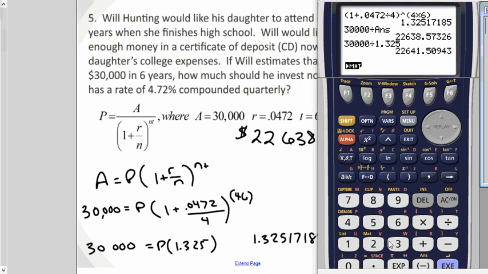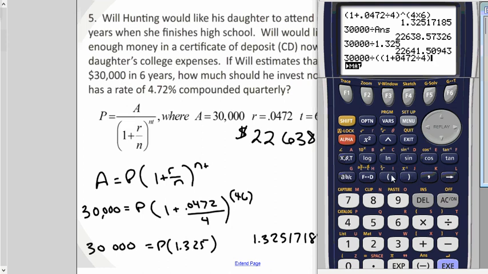Now, the other thing that you could do is put this all in one line. You could say 30,000 divided by parentheses. Now, just to make sure, I'm actually going to do it again. Parentheses 1 plus 0.0472, right, divided by 4 because it's compounded quarterly.